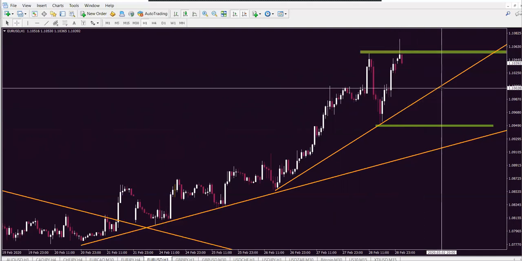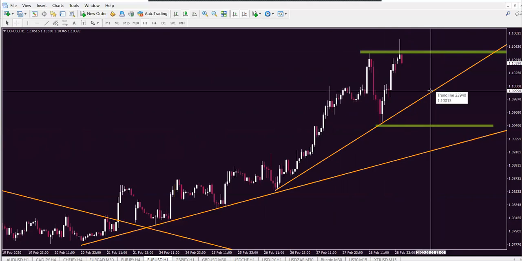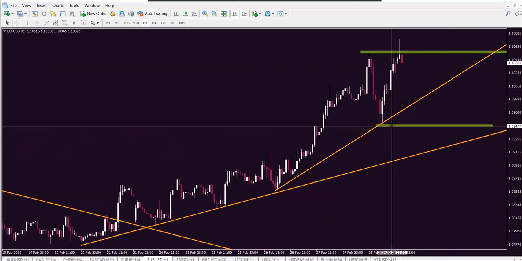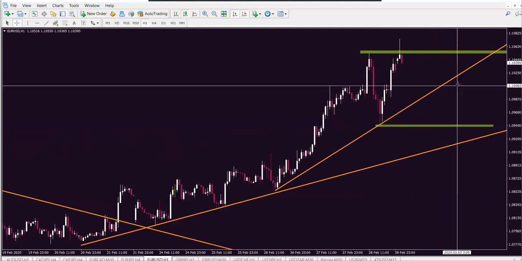So this trend line is totally valid now, because the way I trade, I use trend lines to do everything. So I'm pretty comfortable with this now. And even this low has been validated by this trend line for me.